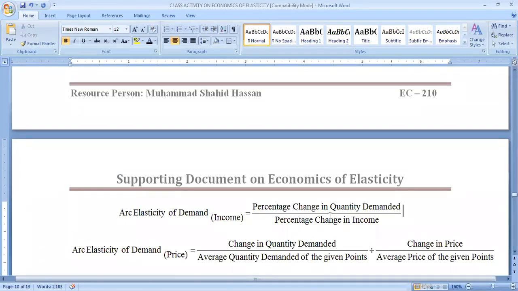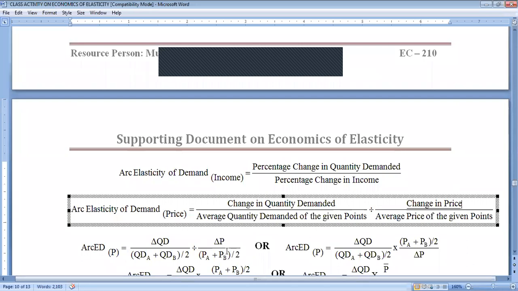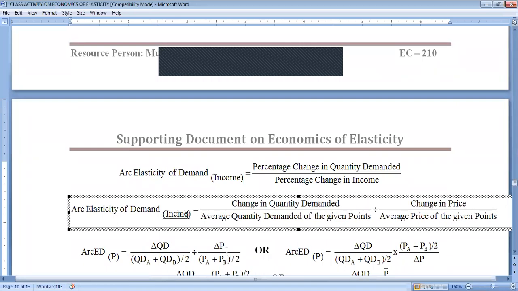So percentage change in quantity demanded can be written as change in quantity demanded divided by average quantity demanded of the given points, whereas percentage change in income can be written as change in income divided by average income of the given points, right?